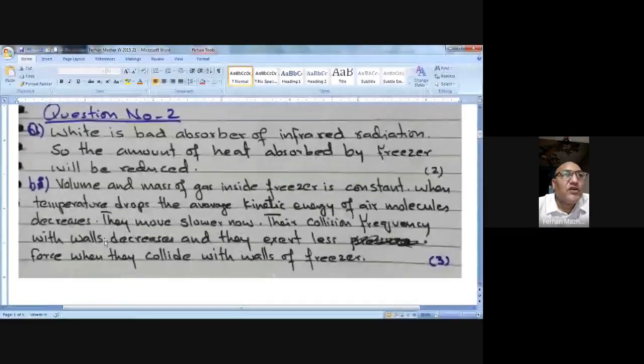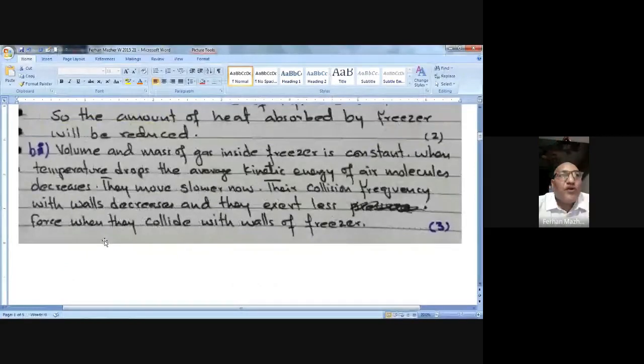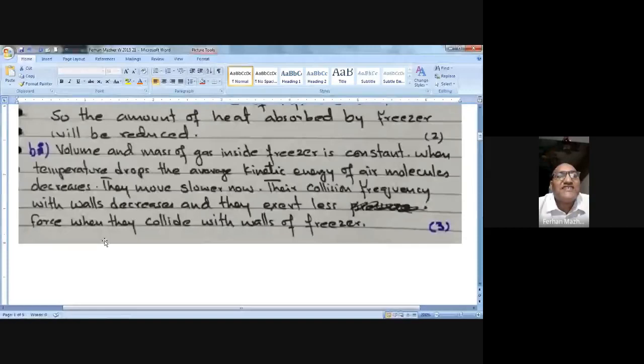And here we go. Question number 2, first part. The volume of gas inside the freezer is constant. When temperature drops, the average kinetic energy of air molecules decreases. They move slower now.